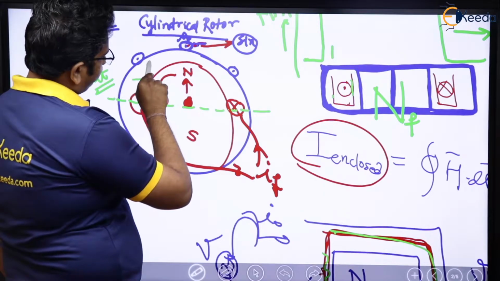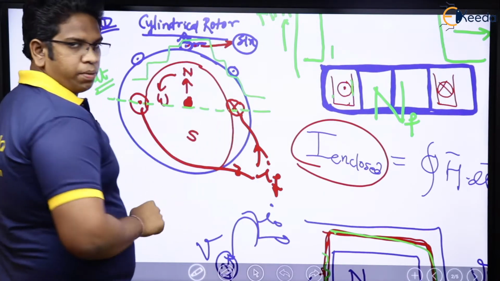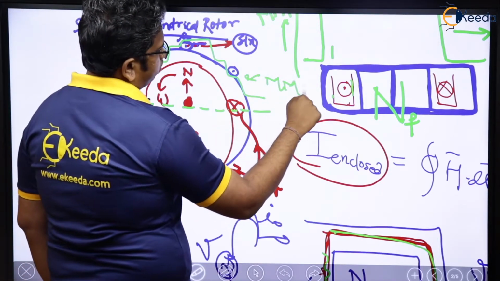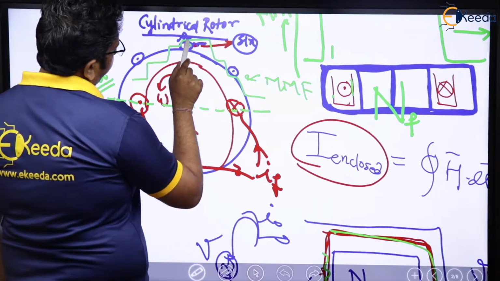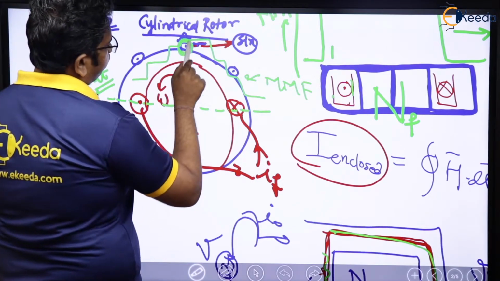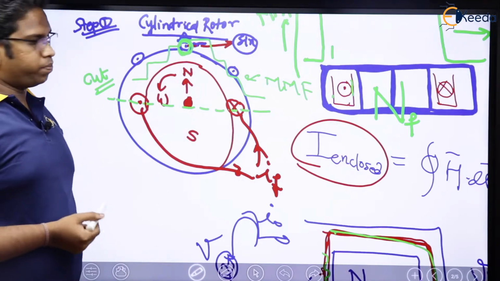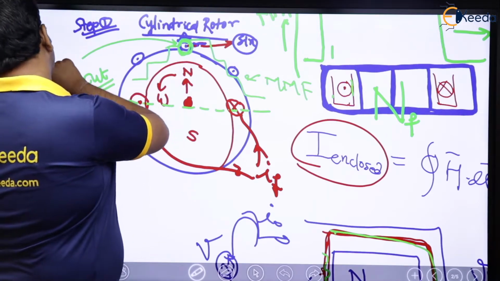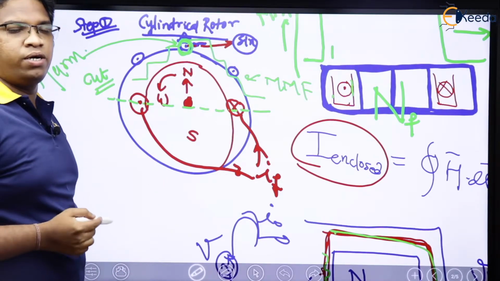In the air gap, the flux distribution is stepped this way. This is MMF. The MMF distribution is stepped. So what is going to happen? The induced EMF in this conductor will also be stepped, which means there will be harmonics in the induced EMF as well.